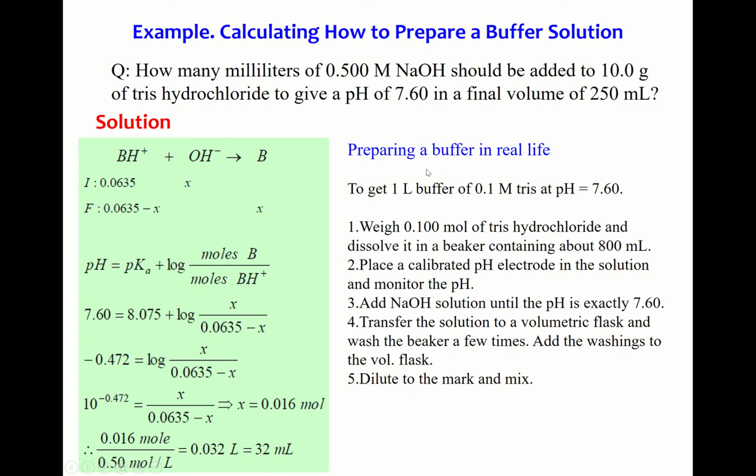Those reagents are very common. You understand? That's how we prepare a buffer in real life, and that's the very accurate way of preparing a buffer.